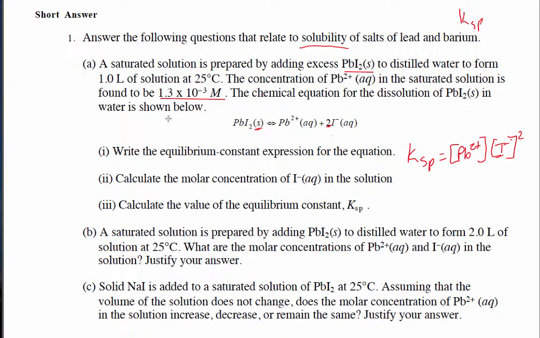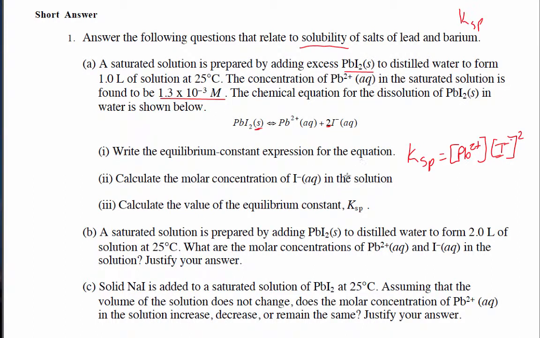Now, part two: calculate the molar concentration of iodide in the solution. This is where I'm going to go back to my value here. Notice that it said my lead ion concentration is 1.3 times 10 to the negative third. According to this, if I'm decreasing my amount by this amount for my lead iodide, and this is the concentration I have, that means my iodide is going to be twice that amount.